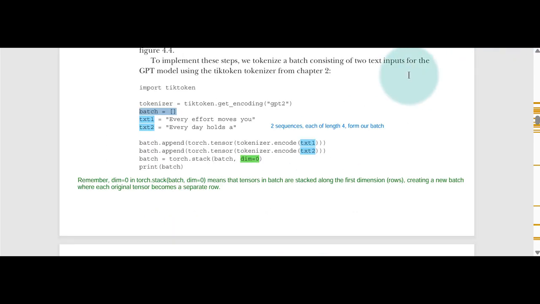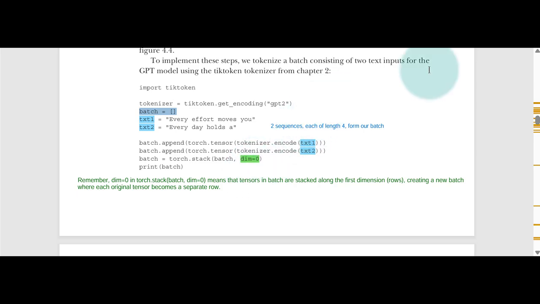So what about this dim equals 0? In torch.stack, dim equals 0 means that the tensors in the batch are stacked. Remember, we have 2 sequences, or 2 tensors. We turn them into tensors and stack them along either the first dimension or the second dimension. The first dimension means along the rows.